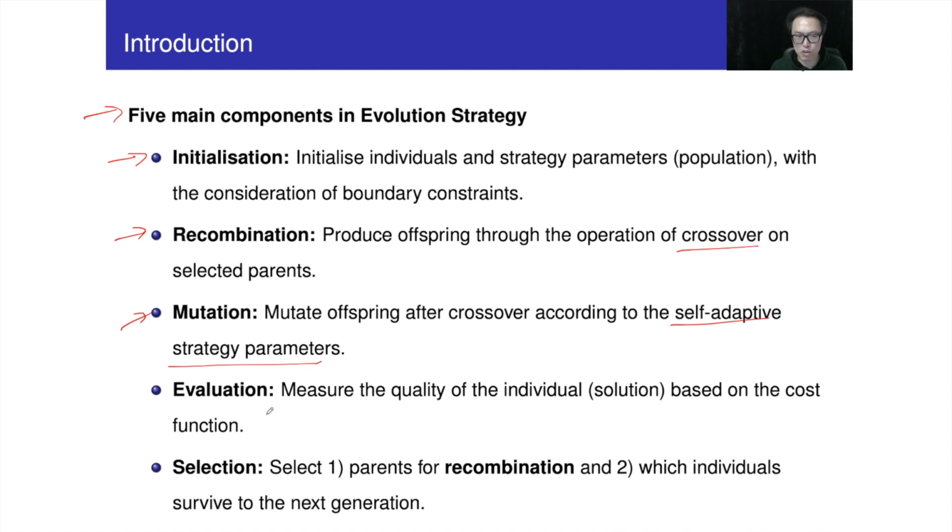Evaluation is pretty straightforward, that is we feed the decision variables to the cost function f, and then obtain the cost value. That is exactly what we have done in the previous lectures. Selection, we have 2 stages which involve selection. The first one is to select parents for recombination, and the next one is which individuals survive to the next generation.